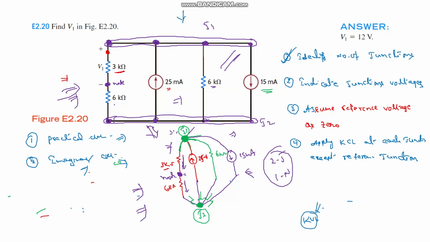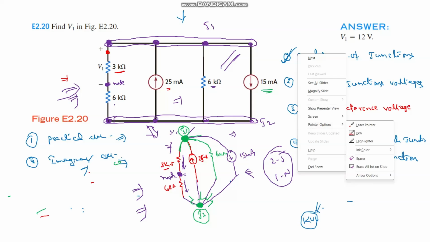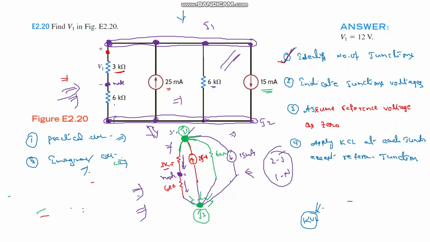The first step in this case is completed: identifying the number of junctions. In this circuit, we have only two junctions. In some cases, we can also have three, four, or five junctions, according to the complexity level of the question.